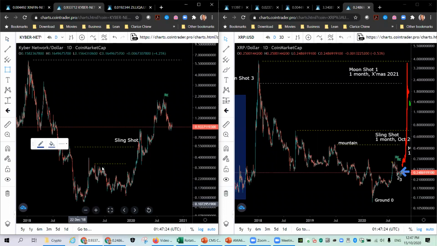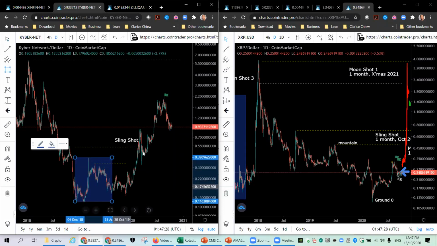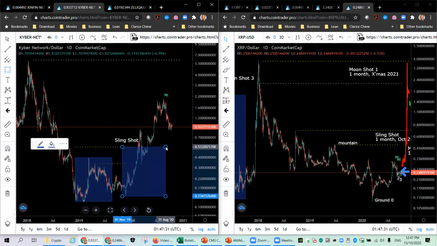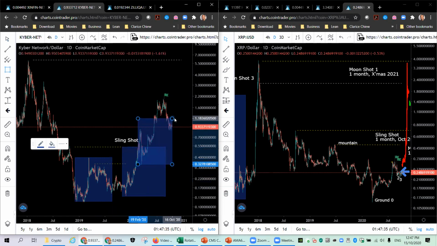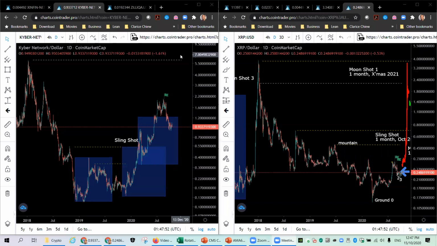On one side, I am curious to use this as a moonshot one, just because the method that we use is lining up on Kyber. So in one sense, that's how it is. On the other analysis that I'm looking at, I know it's going to hit the top there for sure. That's without doubt.